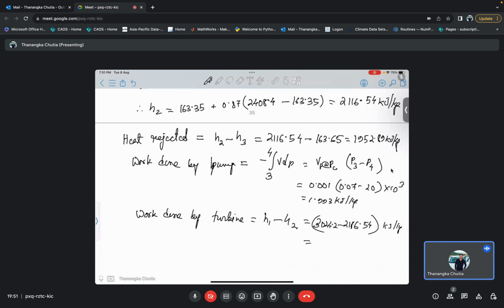So the work done by the turbine is 3024.2 minus 2116.54, which is 906.66.